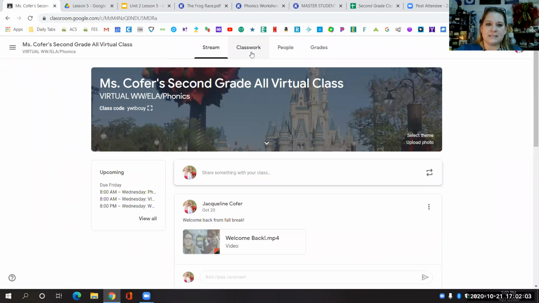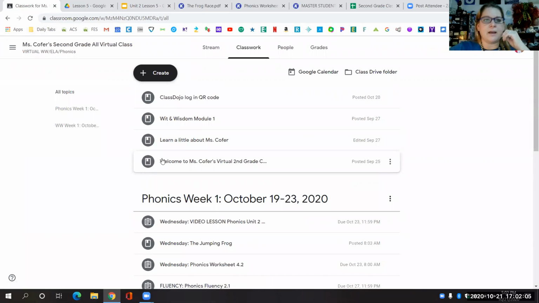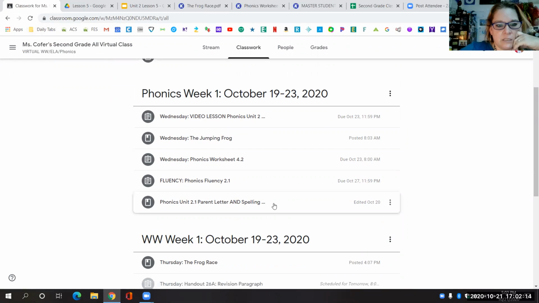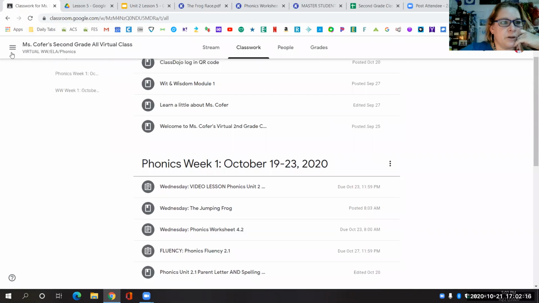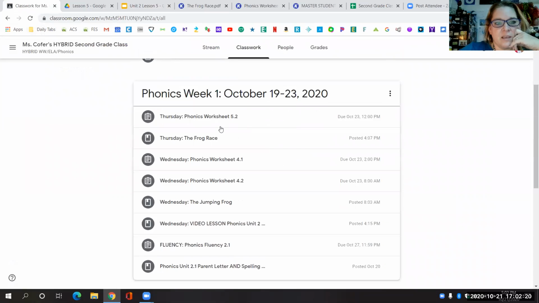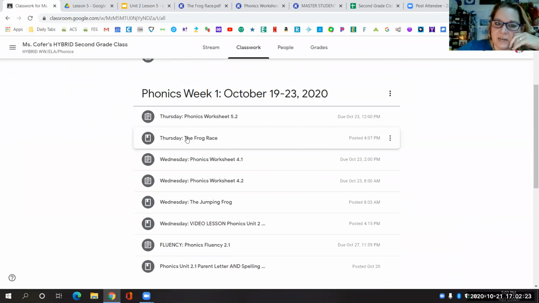So what I need to show you today for class: if you go to our Google Classroom, go to classwork, right here it says Phonics Week 1. Let me show you in the other classroom. Classwork. So here is your story, The Frog Race.